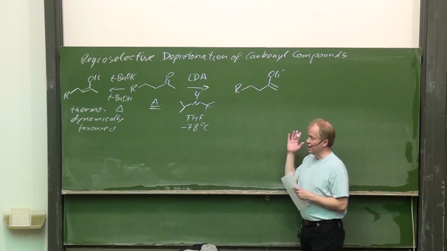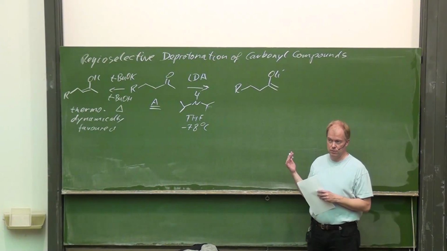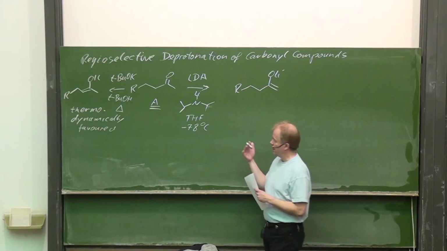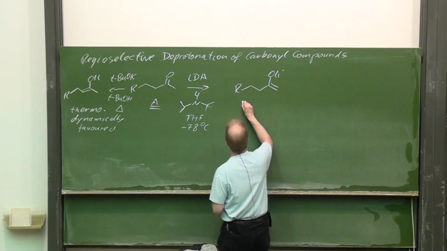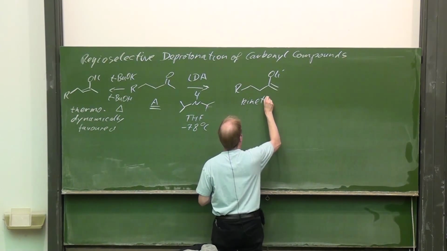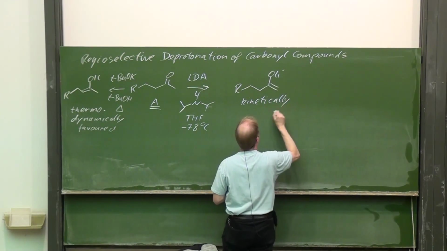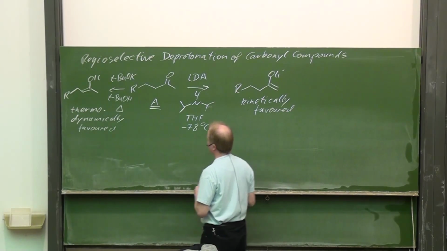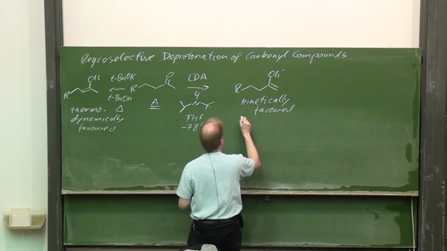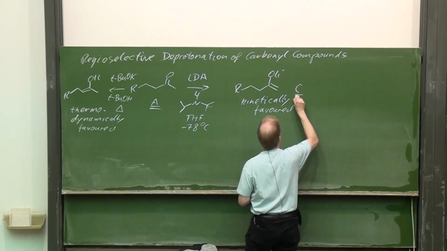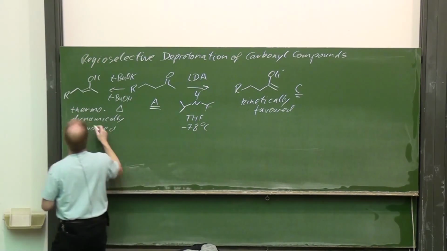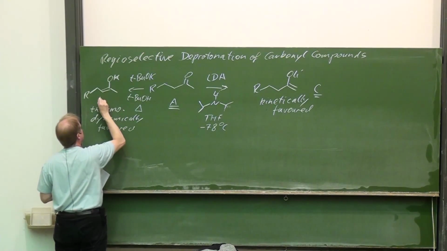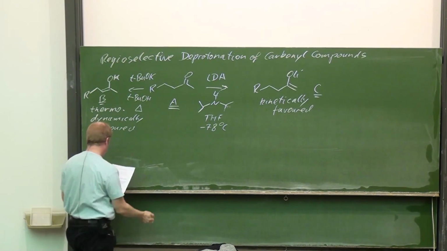This is thermodynamically less favored, but obviously kinetically favored under these reaction conditions. So let's call this product C, and this reactive intermediate for further reactions then B.